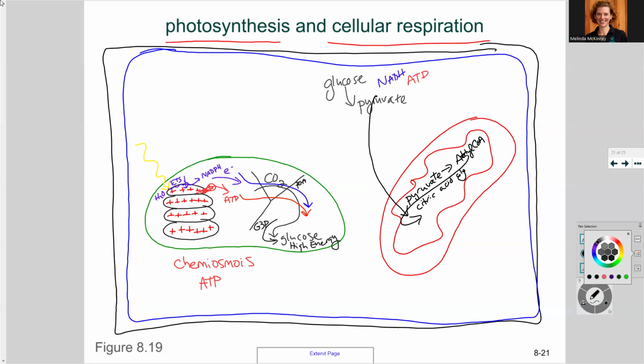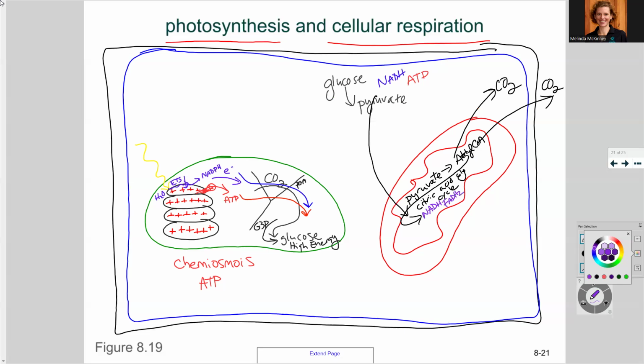In this process, we're creating carbon dioxide, which diffuses out as a byproduct. The whole point of most of this reaction is to generate electron carriers. So we're generating NADH and we're generating FADH2.